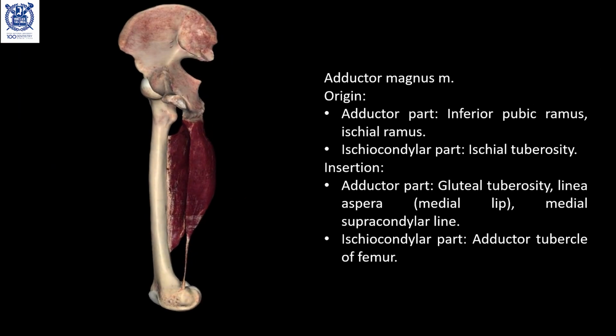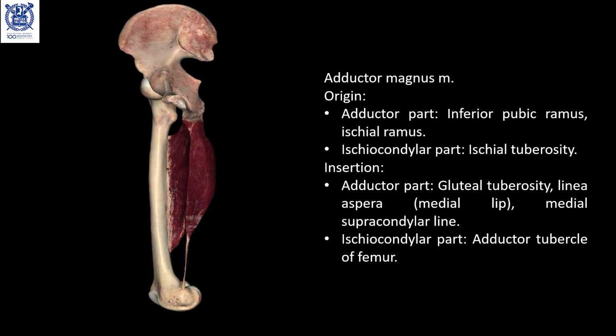Adductor magnus muscle, origin. It has two parts. The adductor part has its origin at inferior pubic ramus and ischial ramus. The ischiocondylar part has its origin at ischial tuberosity.